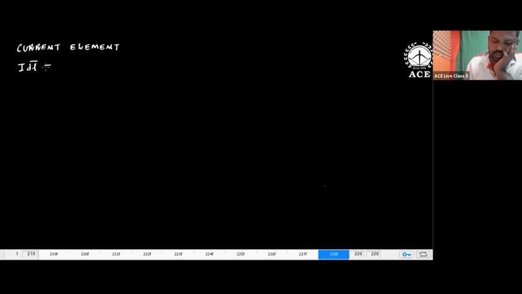I dl is equal to K dA is equal to J dV, if you remember. Here it is ampere meter, ampere per meter, meter square, ampere per meter square, meter cube.